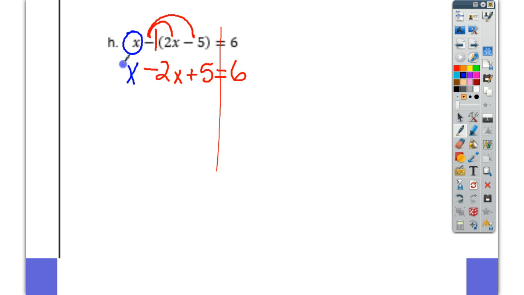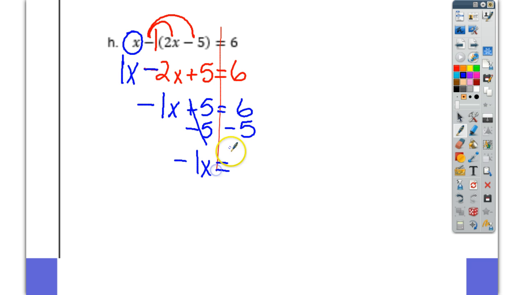All right, combine our like terms. What's 1x minus 2x? A negative 1x. Now we have plus 5 and equals our 6. Red Rover, send over minus 5. Now I have a negative 1x equals 6 minus 5 is a 1.